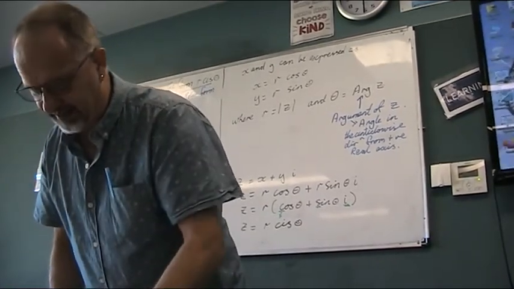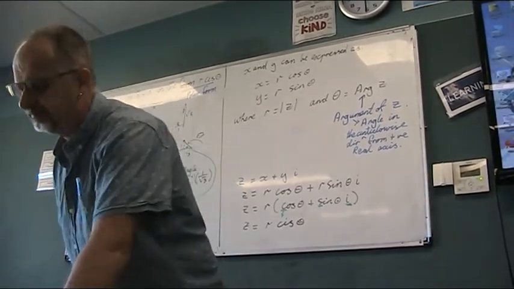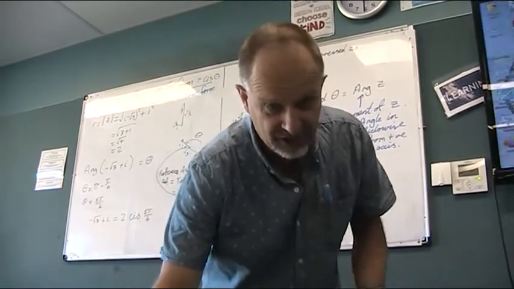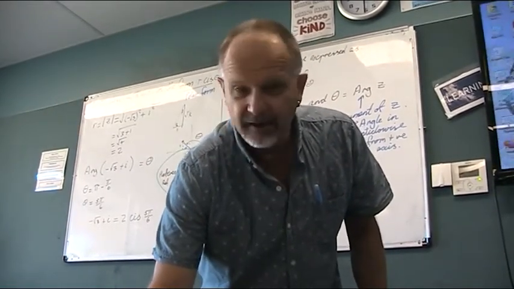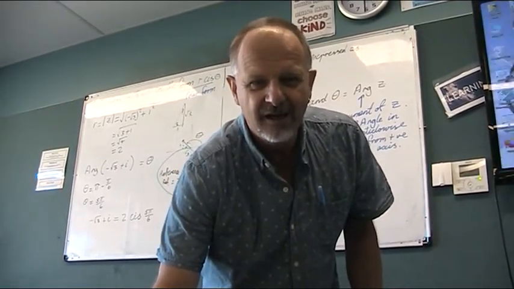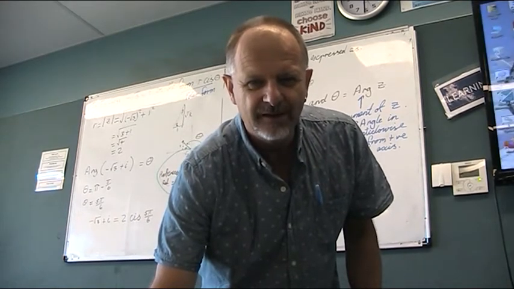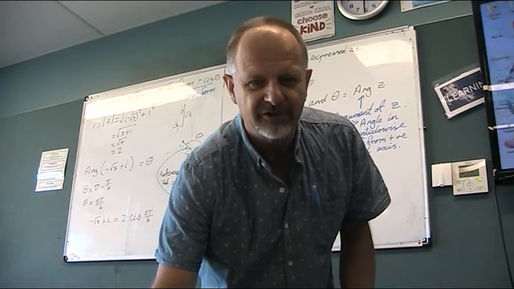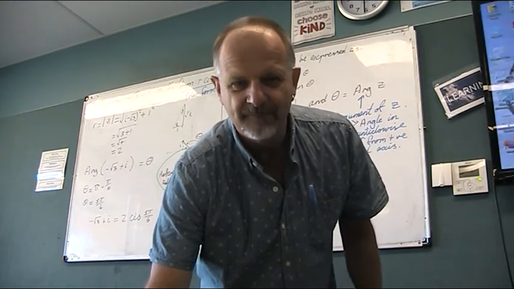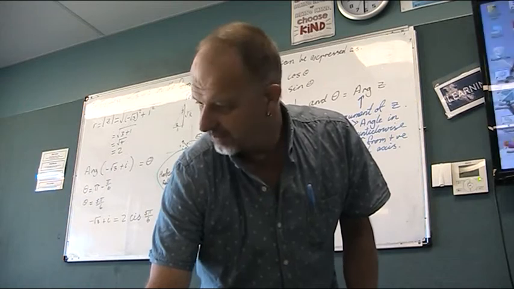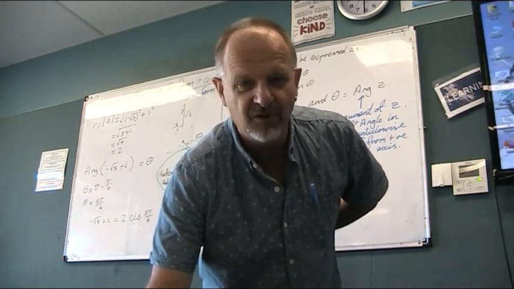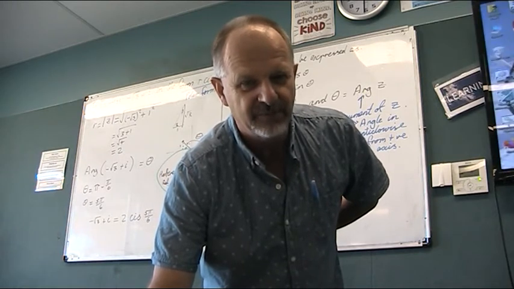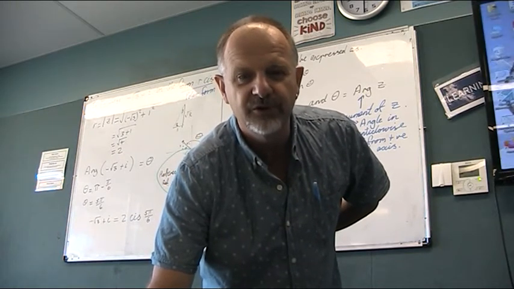The way we do that is on your main screen, you go to Action, then Complex, and down the bottom there are three: comp to pole, comp to trig, comp to rect. So complex number into polar form, complex number into trig form, which we don't use, or complex number into rectangular form, which we will use.